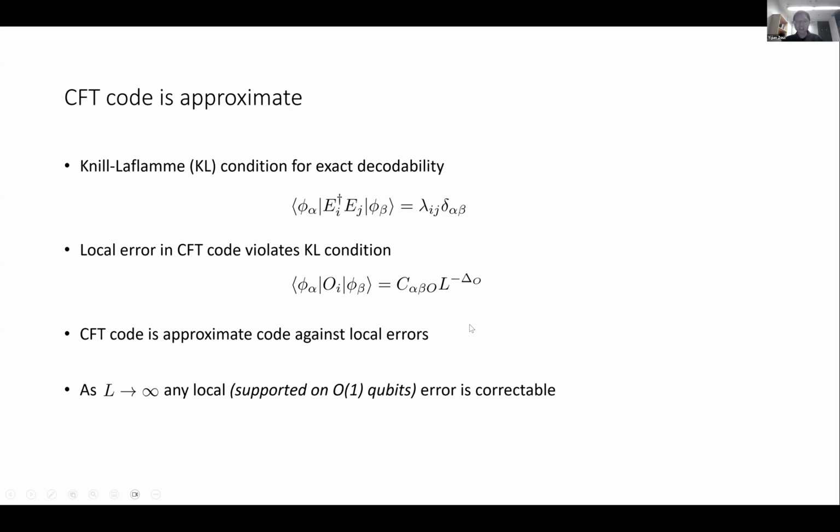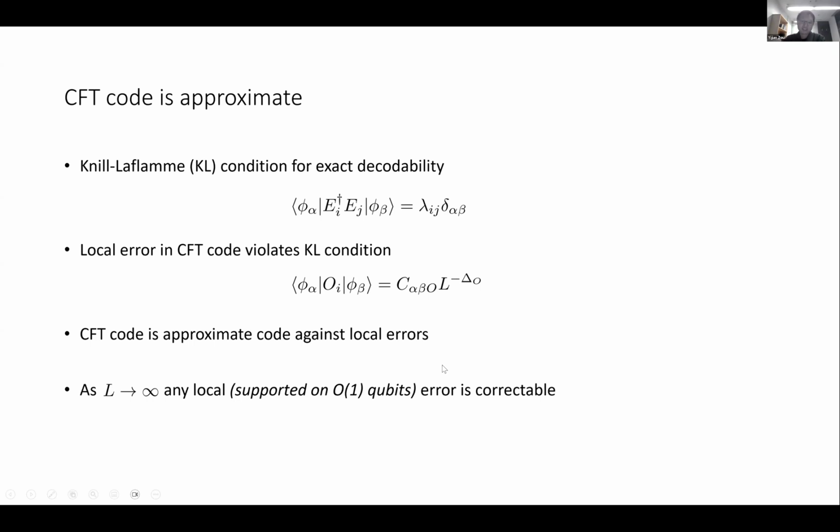But this approximation can be controlled by increasing the system size. When you make the system size larger and larger, you will see that the Knill-Laflamme condition, at least for this local error, becomes closer and closer to satisfied. Because C is just some number, it doesn't scale with system size. So as long as you take L to infinity, this number always goes to 0. So the CFT code is an approximate code against local errors.